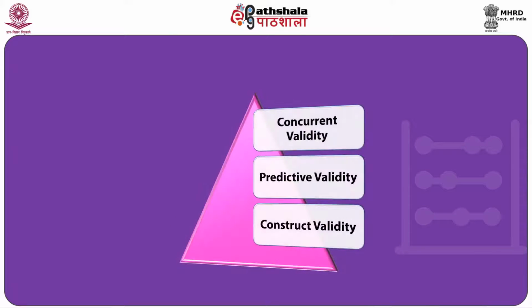The differences among the different criterion related validity types are in the criteria they use as the standard for judgment. Criterion related validity used to be measured in three ways, like concurrent validity, predictive validity and construct validity.